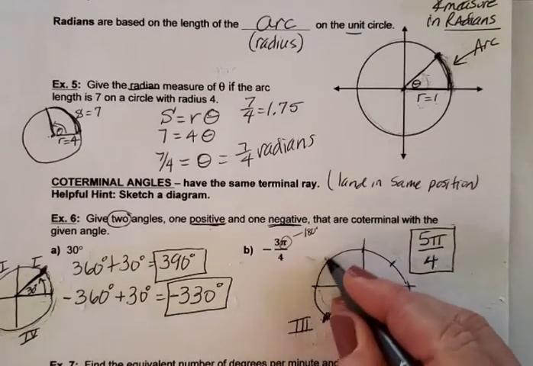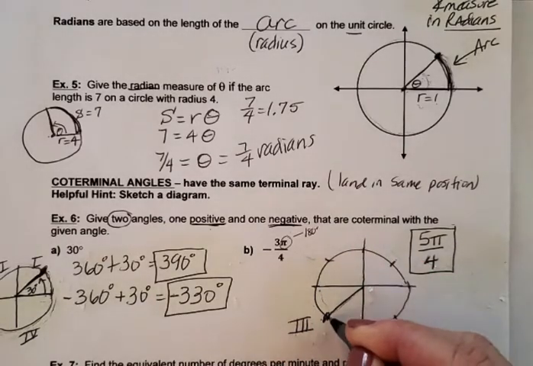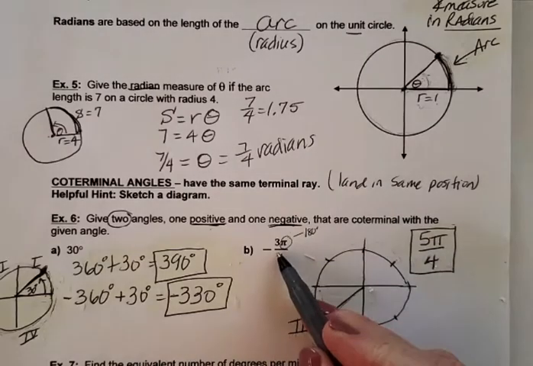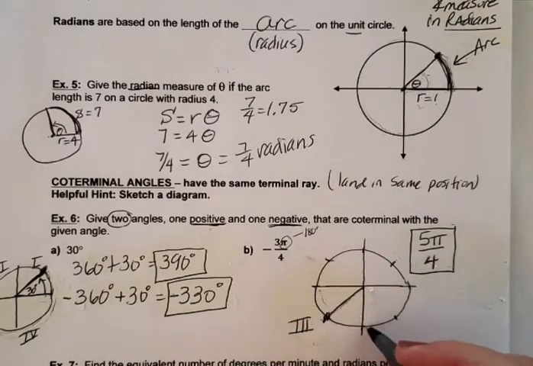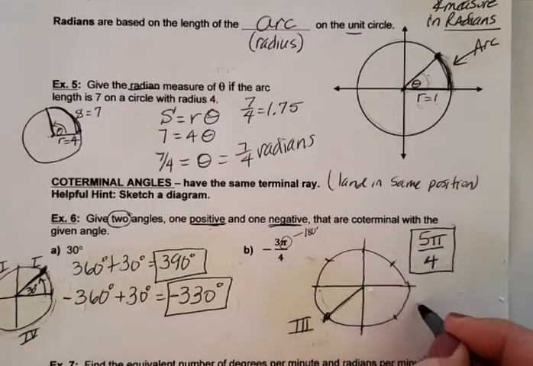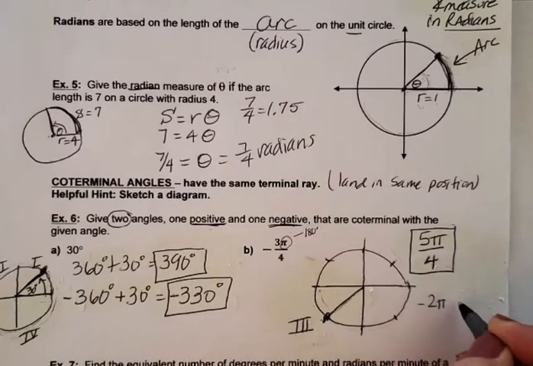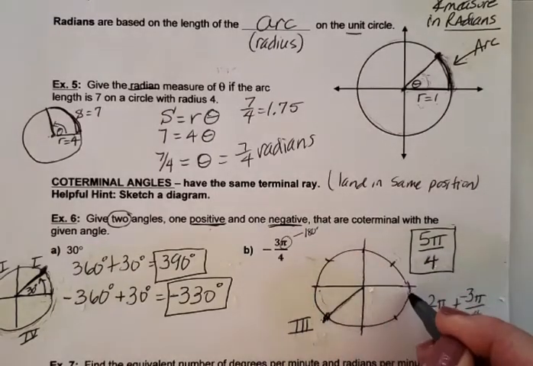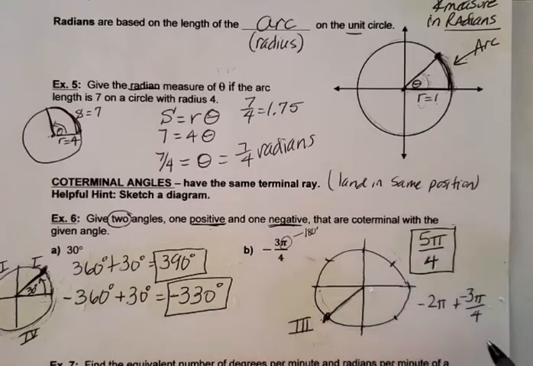But I can add another 2 pi to that. Remember, 2 pi is a full rotation. So what I can do is add a full rotation to this angle measure. But again, I'm going clockwise, so it's a negative 2 pi rotation, added to negative 3 pi over 4. Remember, this is going to be a full rotation plus another 3/4 of pi.